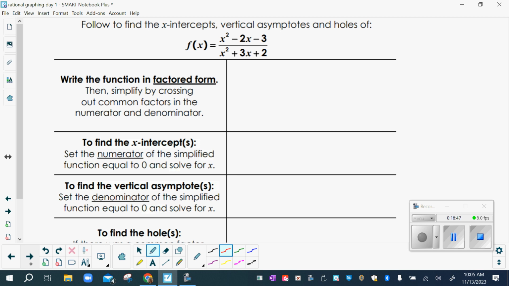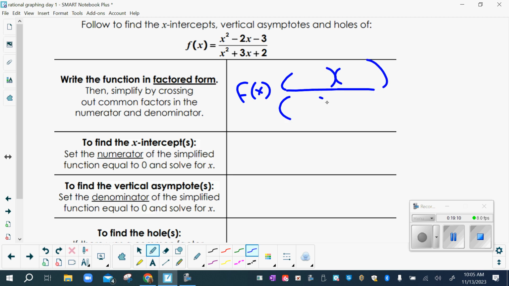So, first thing is, here's our equation. I want it in factored form because my life is better in factored form. So can you please factor this so it looks like this? f of x equals, give me something on the top and give me something on the bottom.